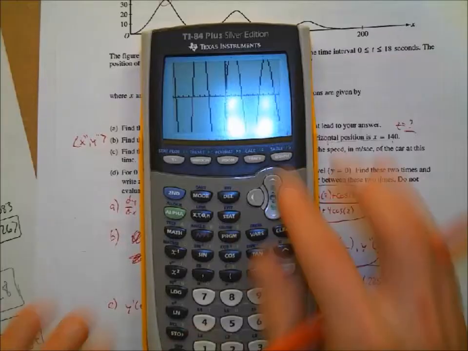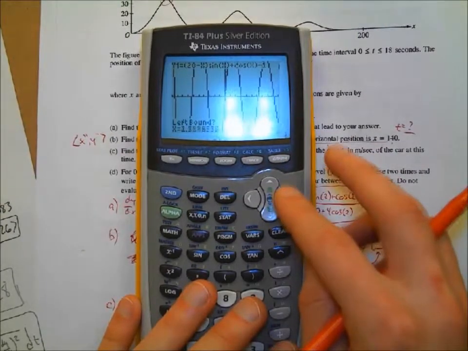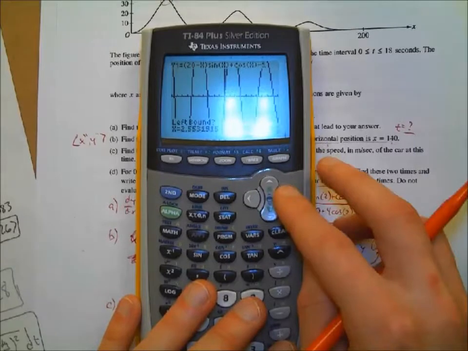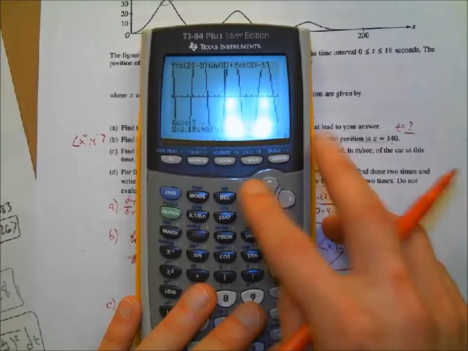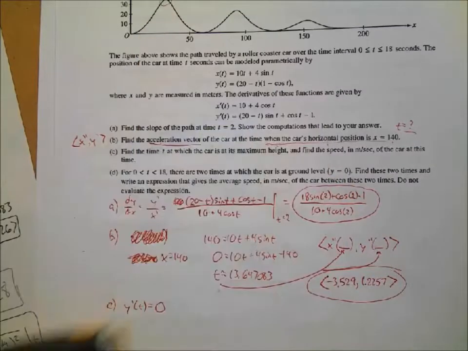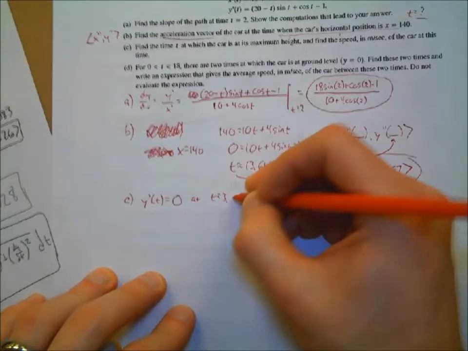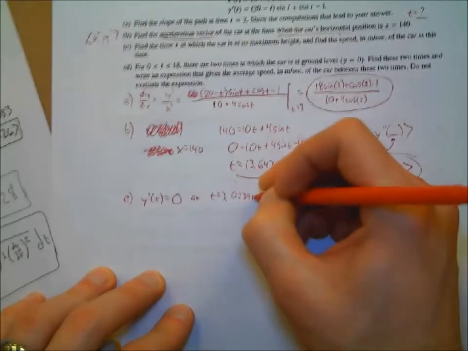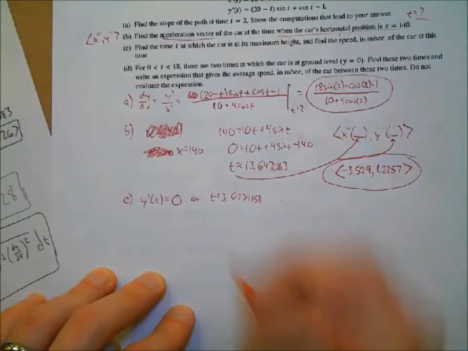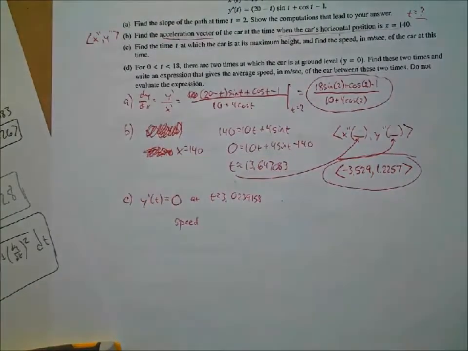And if we do second calc, 0, we get about 3.0239158. And then the speed.